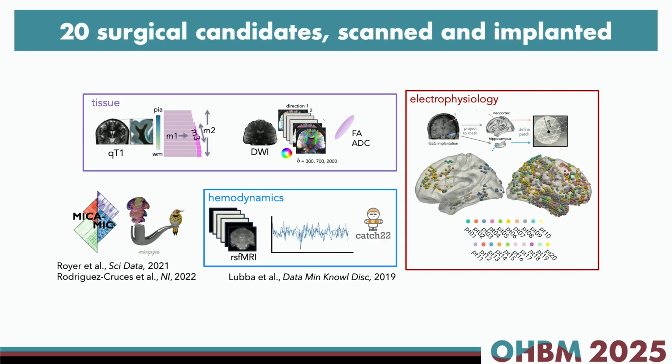For diffusion, we have fractional anisotropy and a proxy for mean diffusivity, which is ADC. And for BOLD, we took these time series and extracted 22 time series features using the Catch22 library, which is an abbreviated version of hctsa that is minimally redundant in the features that they capture.